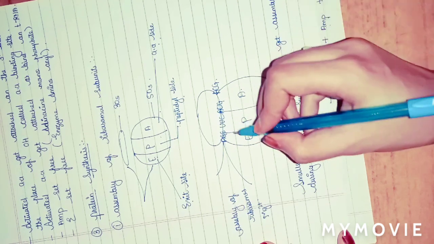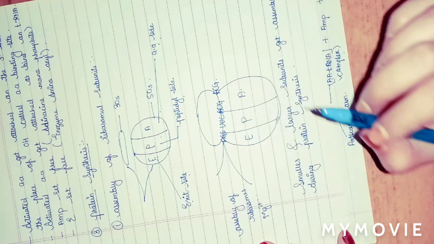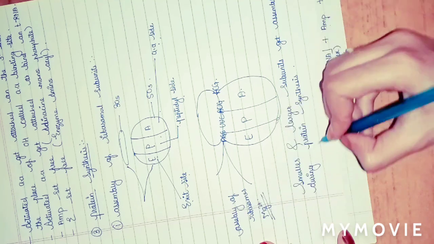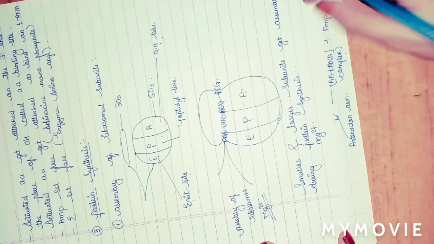And the most important thing for the assembly of these ribosomal subunits is magnesium. Magnesium ions are required, Mg2+.